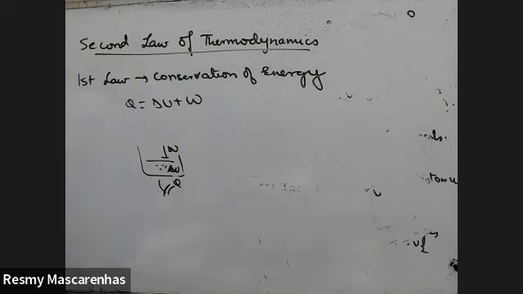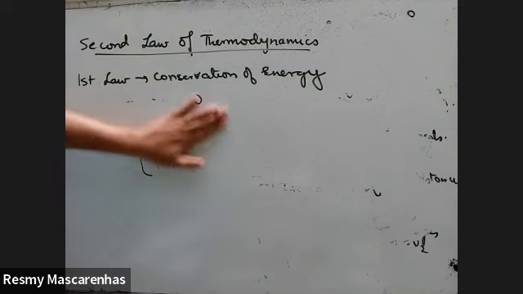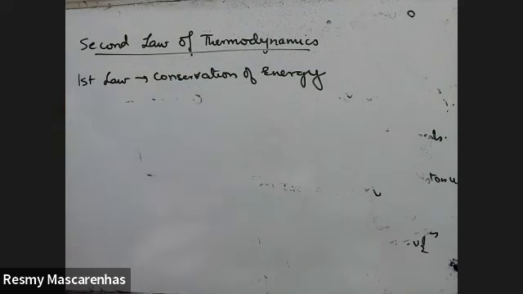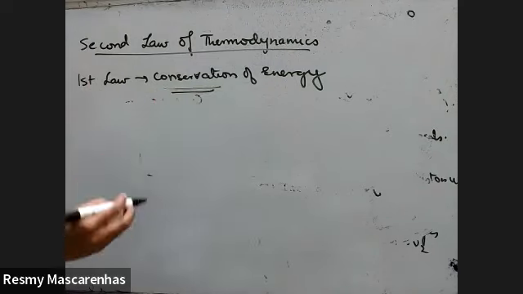That is your first law of thermodynamics, based on conservation of energy, that no energy is lost to the surroundings. But this is all theoretical. In practical life, as per nature, not every process will work that way. So as per conservation of energy, what should happen?